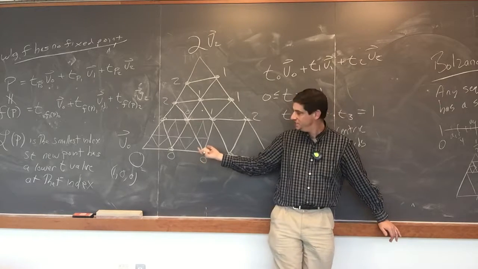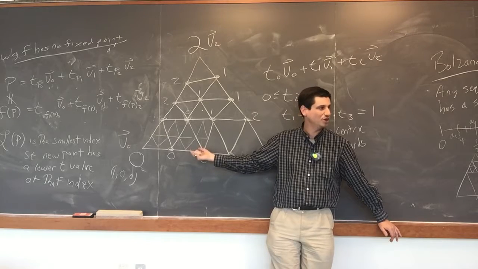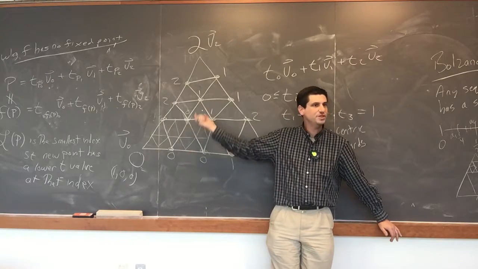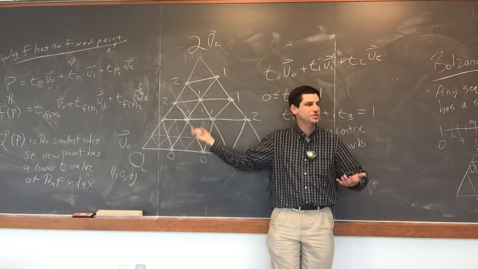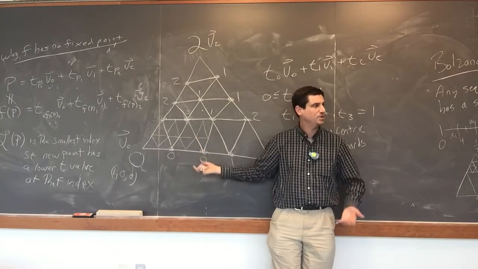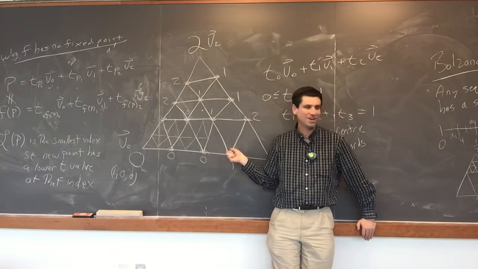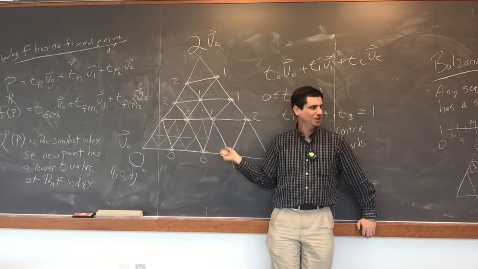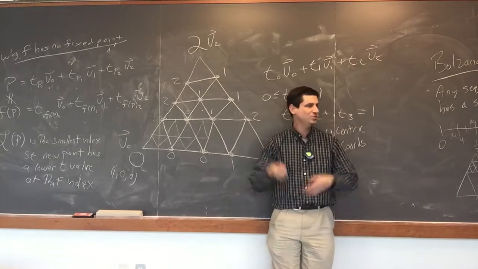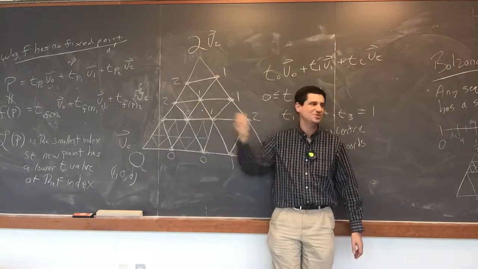Yeah, t2 would be negative. t0 plus t1 already adds up to 1 along this line. If both of them increased, or even one increased and one stayed the same, then that would exceed 1. So I know along this line, the first index that goes down is either t0 or t1. By symmetry, the same argument applies on the other sides.